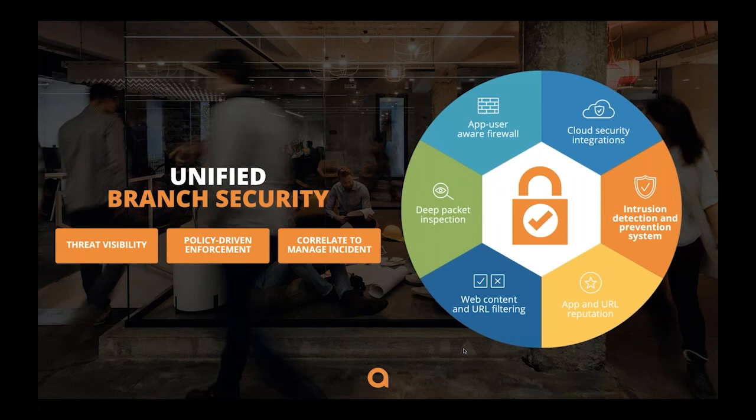So if we look at this, we're able to provide an application and user-aware firewall within the appliances. We get the cloud security integrations that I was talking about, like the Zscaler, Checkpoint, Netskope, and Palo Alto Prisma, and others. We're able to provide the intrusion detection and prevention as well, so we can identify that traffic and act on it.